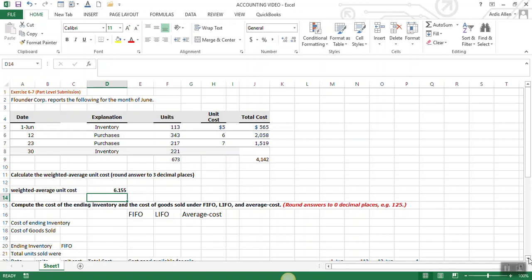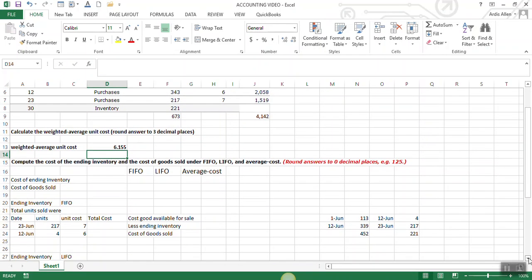The second part of the question asks us to compute the cost of the ending inventory and the cost of goods sold under FIFO, LIFO, and average cost. To find these, we would first find how many units were sold within the period.